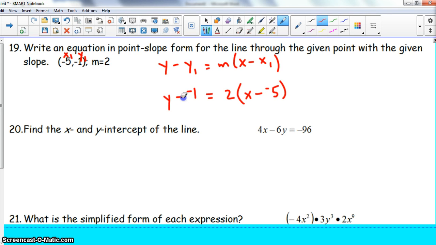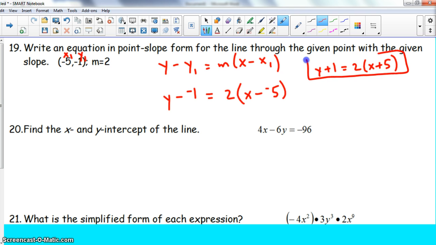But I can't really have minus a negative. So my final answer in point-slope form would be y plus 1 equals 2 parentheses x plus 5. And this is considered point-slope form.